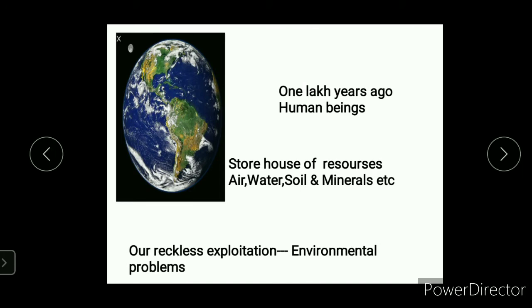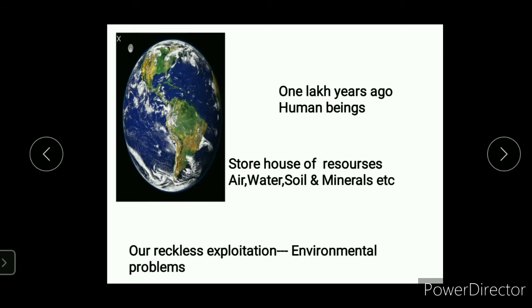And we people arrived on it 1 lakh years ago. And a very important point is that we have created a lot of trouble to earth in order to fill our needs. We neglected the earth. That led to many environmental issues.